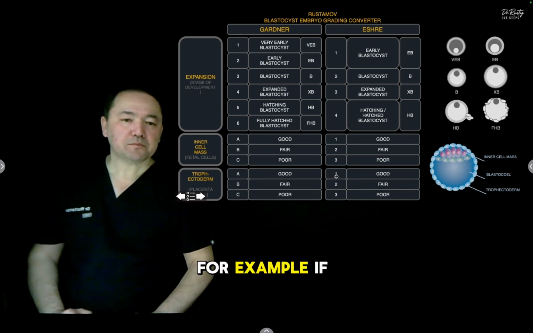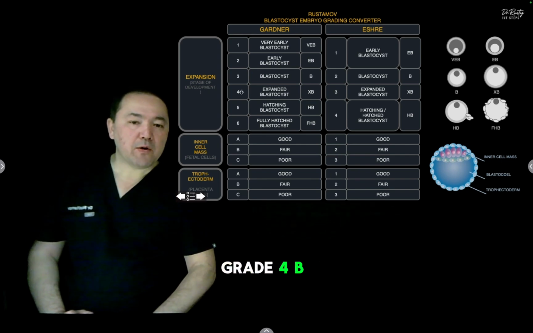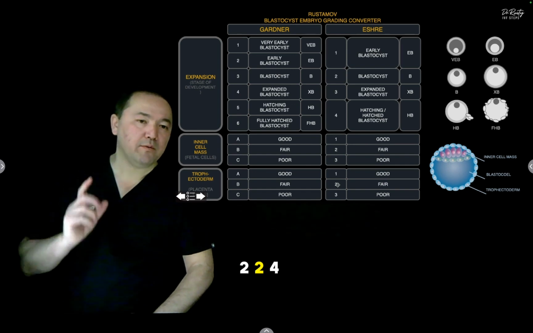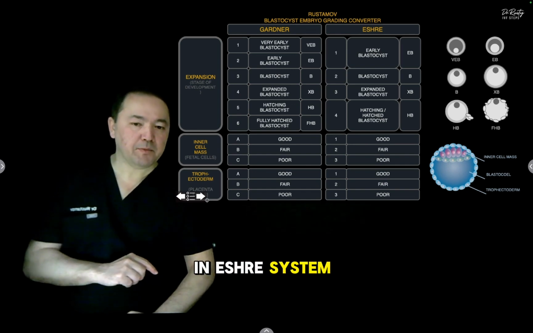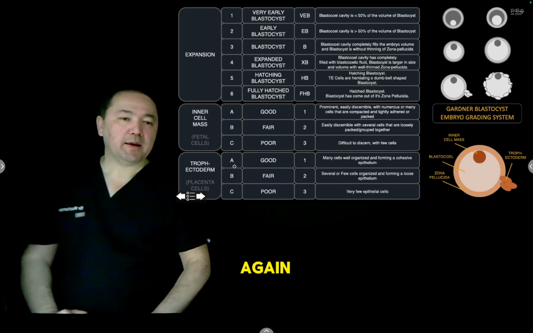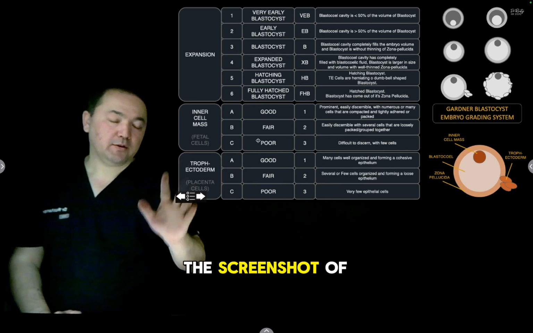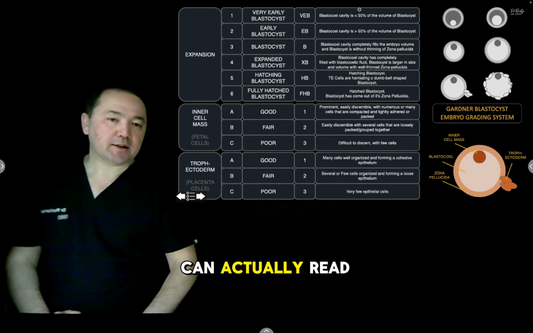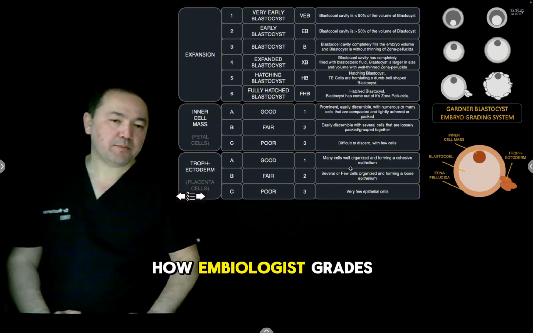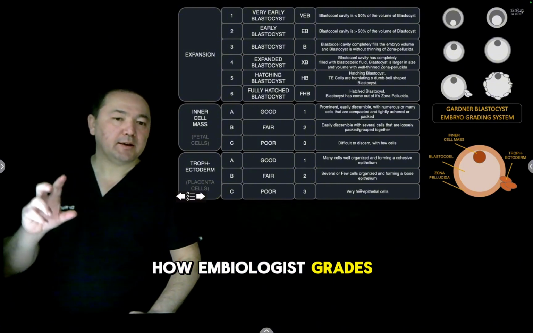For example, if you have grade 4 BB in Gardner, that's going to be grade 3, 2, 2 in ISHRI system. This is how you can compare.